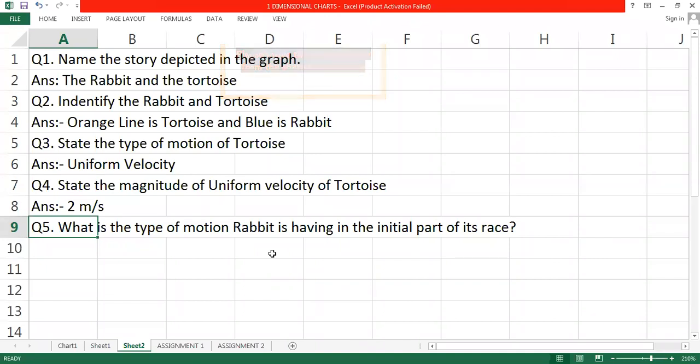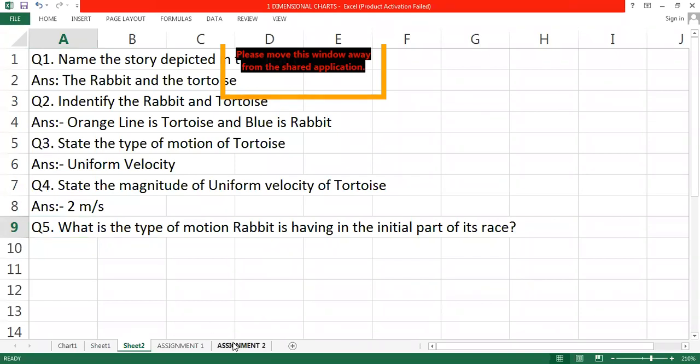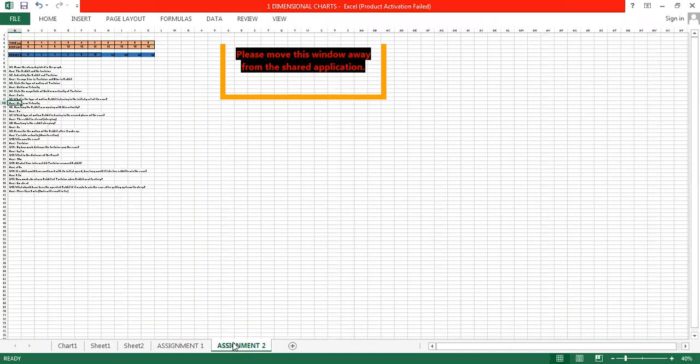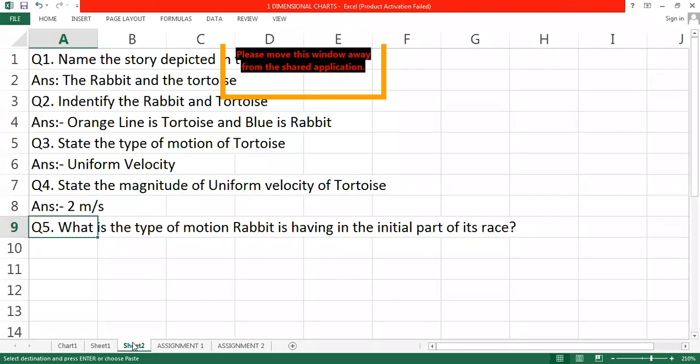Very good. Brilliant answer by all of you. Exactly. The rabbit is having a motion of uniform velocity.